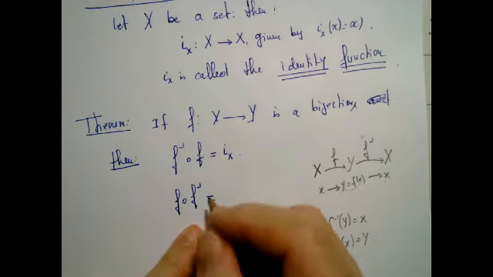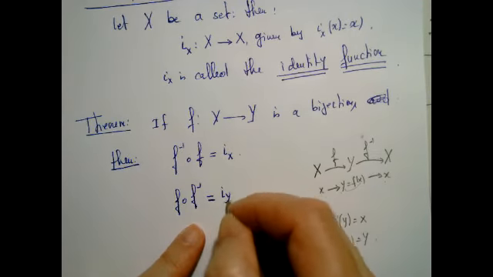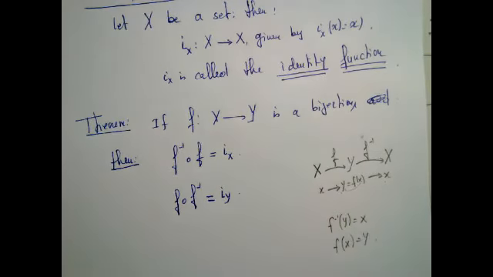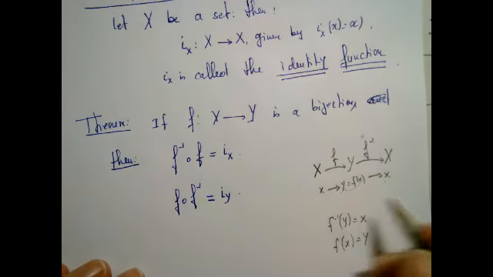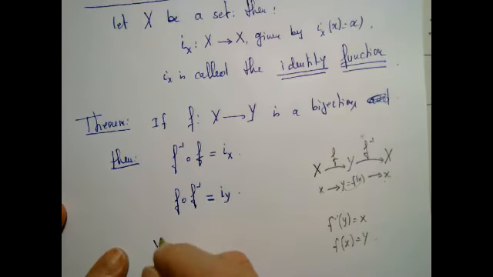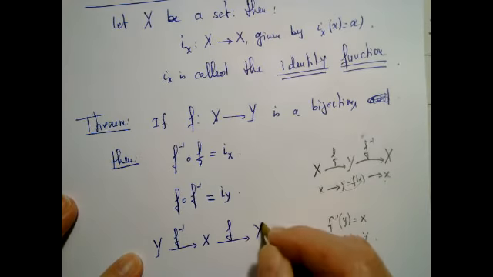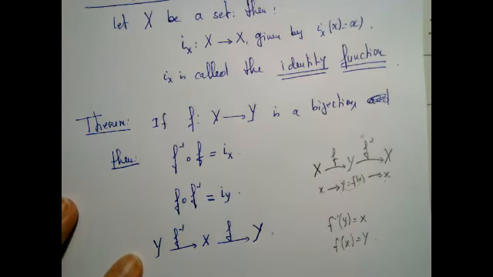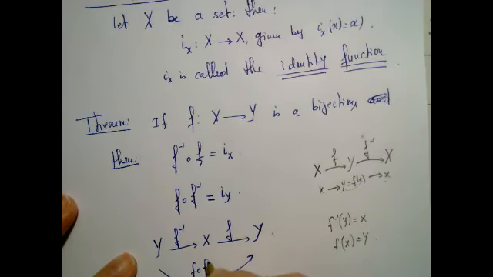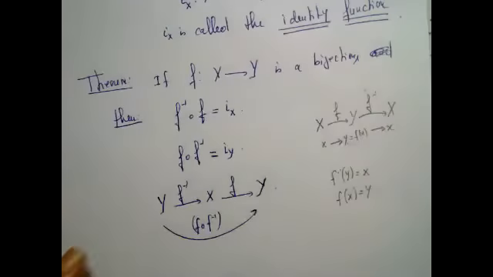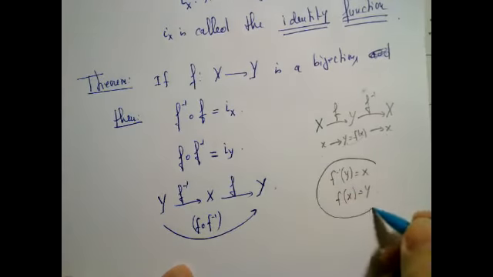That should be the identity of Y. You have to be very careful: f inverse is from y to x, and f is from x to y. So f composed with f inverse is going to be a function from y to y, and it is the identity for exactly the same reason.